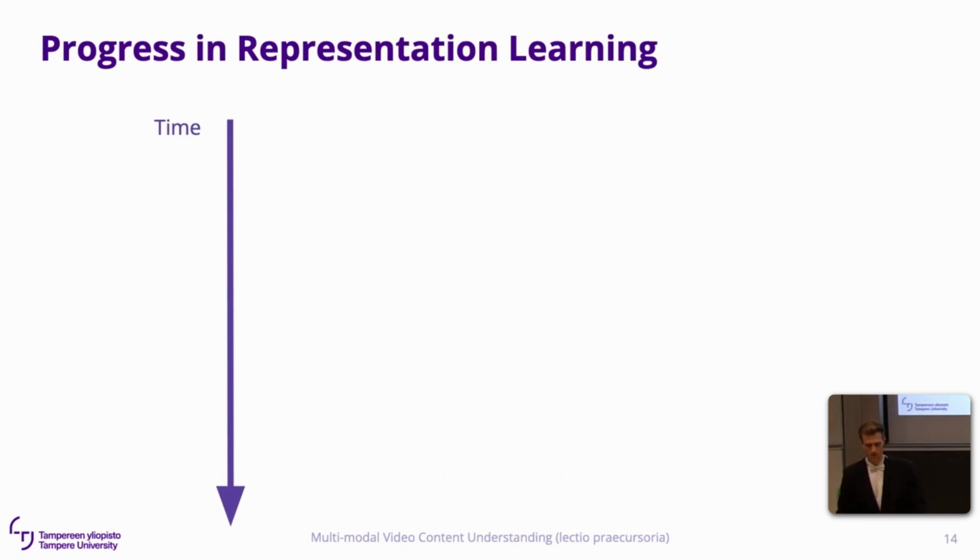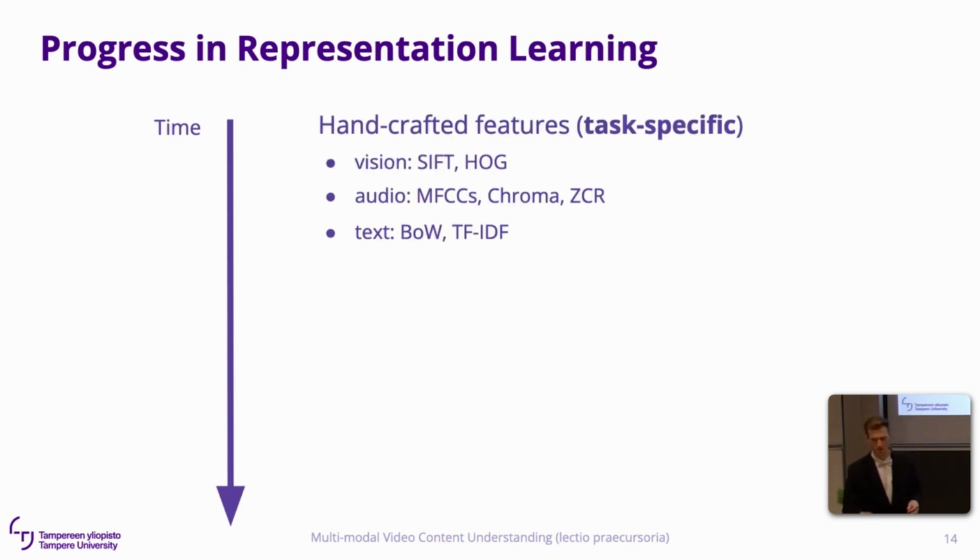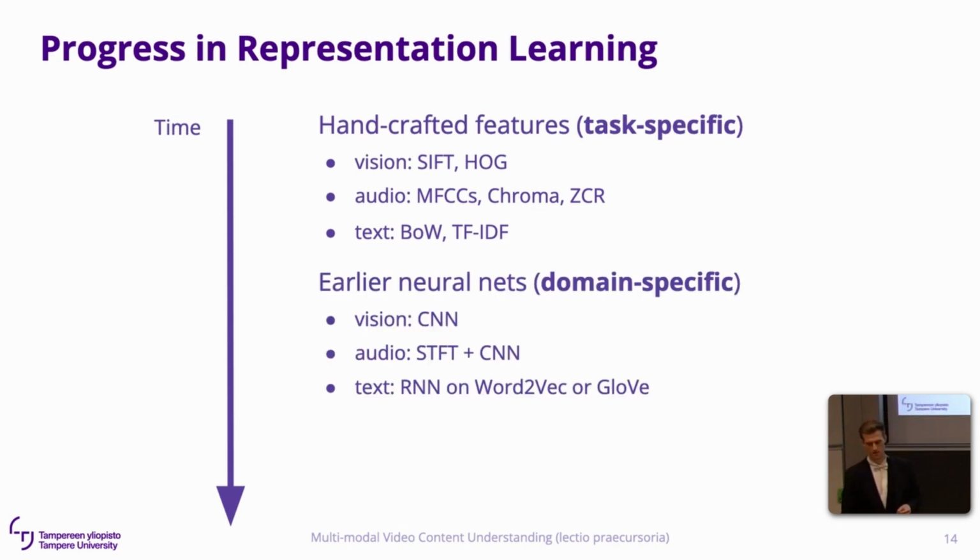Before diving into those, I would like to briefly and roughly outline the progress in representation learning. It all started with handcrafted features that required domain knowledge. They were task-specific or domain-specific. With the advent of deep learning, we started to train models end-to-end via the backpropagation algorithm.